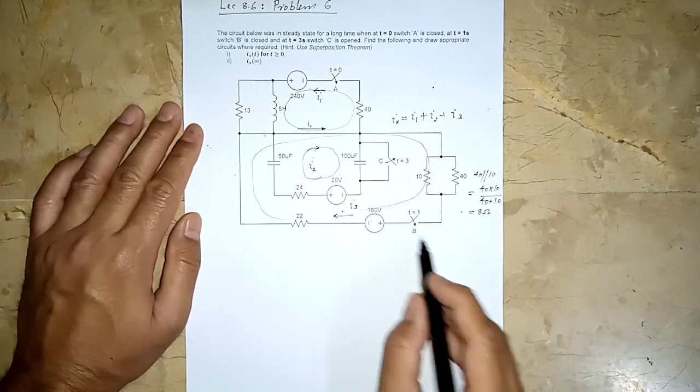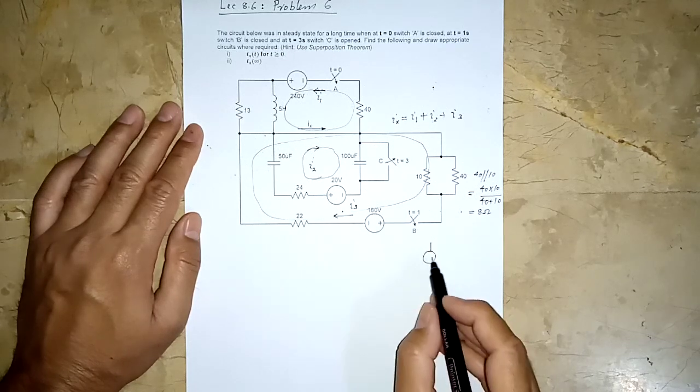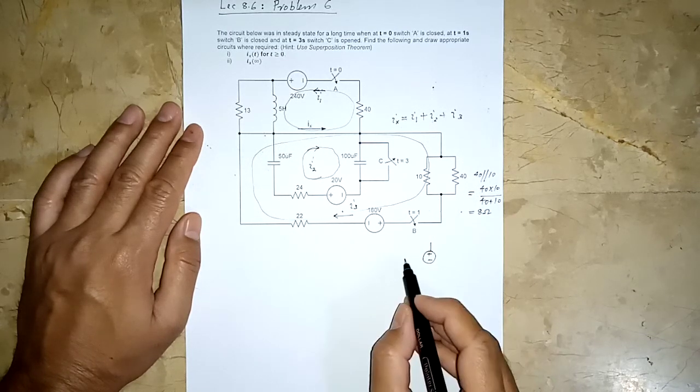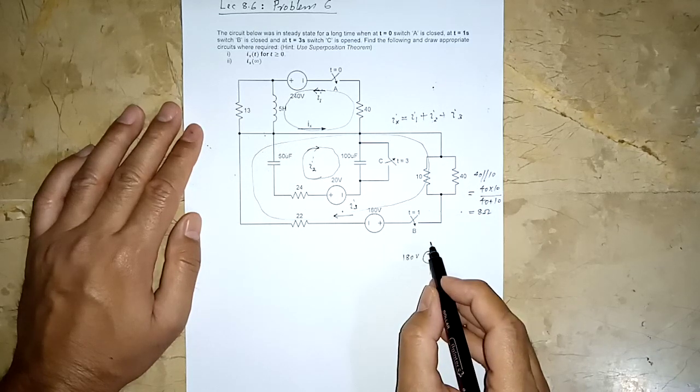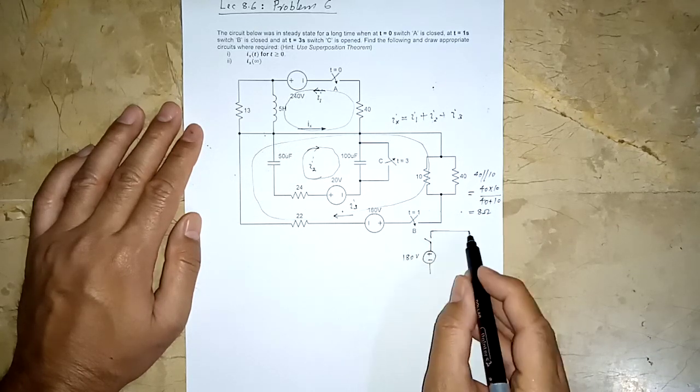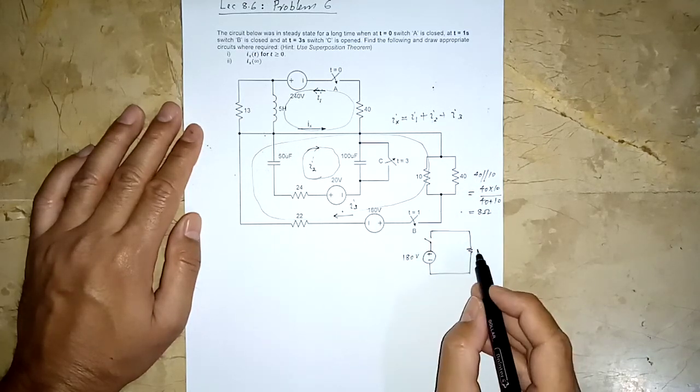So basically this circuit is, look at the direction of the current, that's very important. So if we have a 180 volt source, and then at t is equal to 1 second, we have it connected with 8 ohm and 22 ohm in series.